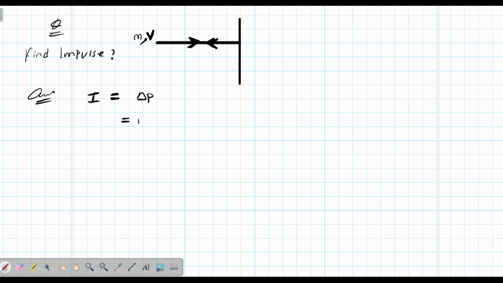So that is m (v minus u). So when ball strikes on the surface, the speed is v, and when it rebounds, speed is also v.